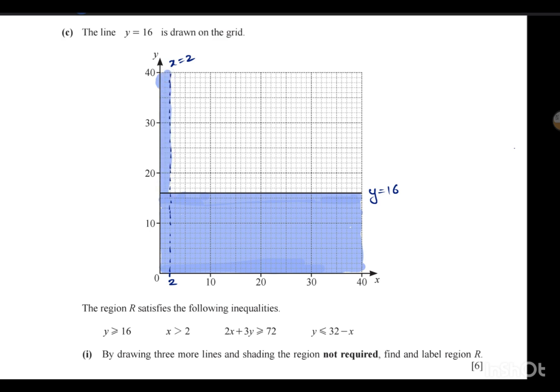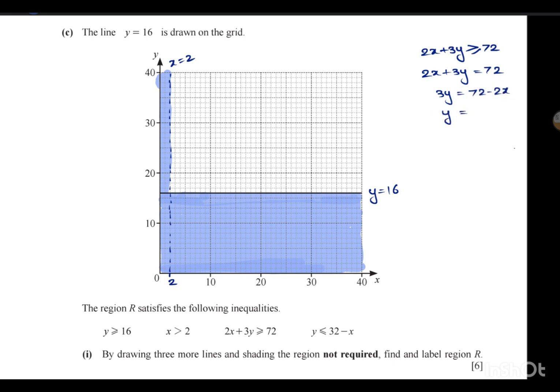This is done. Next equation, 2x plus 3y greater than or equal to 72. We will take only equal to first. Keeping the y term, bring the x term across: 3y is equal to 72 minus 2x.